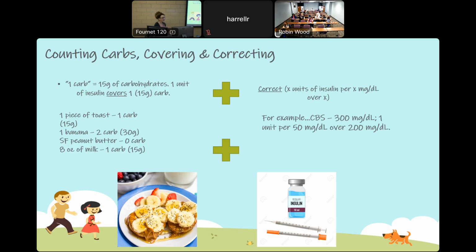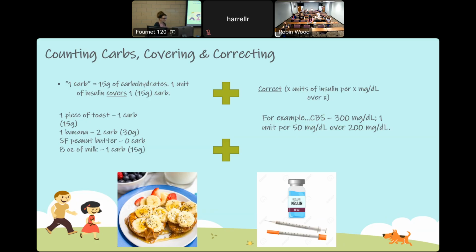They haven't had a lifetime of resistance to build up to insulin. Their tissues haven't had a lifetime of resistance to build up to. And so typically we do things a bit more specific with them. So we'll talk about counting carbs, covering carb intake, and then correcting hyperglycemia. So lots of C's there.